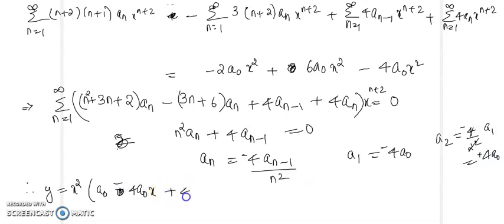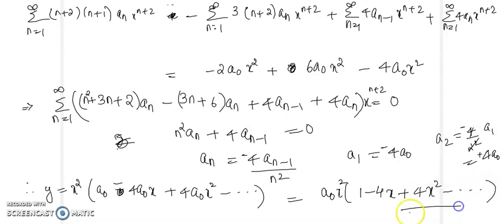Then this is again 4 a naught x square, minus etc. So you will get a naught into x square into 1 minus 4x plus 4x square minus etc. So this is the required solution. We are asked to find a single Frobenius series solution, so this is the required solution.